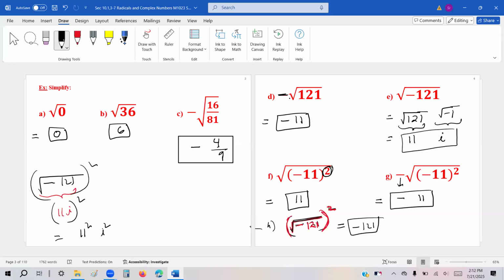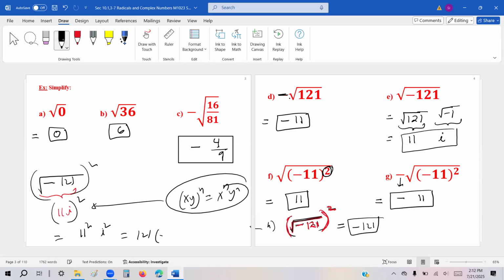If you have multiple bases with one power, you distribute the power, like xy to the power n is x to the n, y to the n. We applied this rule here: 11 squared and i squared. What is 11 squared? 121. But what is i squared? i squared is -1, a real number. So the answer is -121. See? So that's why if you have a radical inside and then the power outside, the answer is negative. But if the square is inside and outside is the radical, then the answer has to be positive.